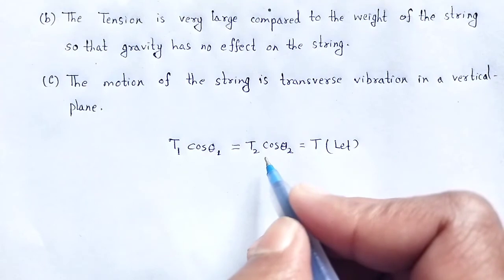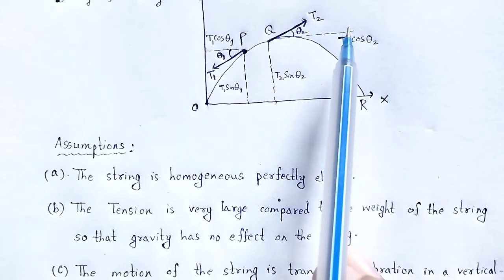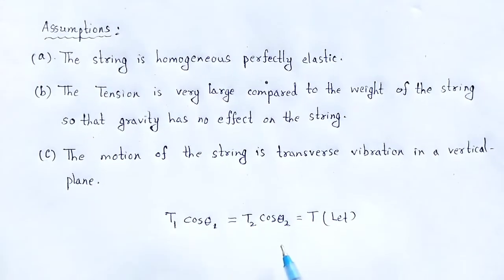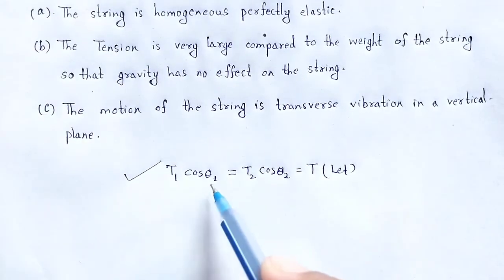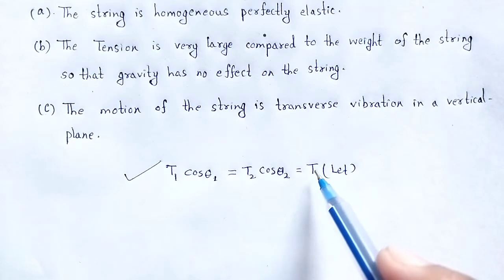As there is no motion in the horizontal direction, the horizontal components of the tension must be equal. We equate T1 cos theta 1 equal to T2 cos theta 2, and that value is T.